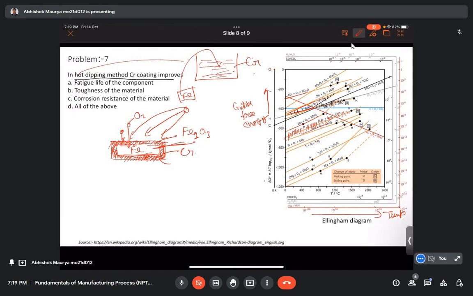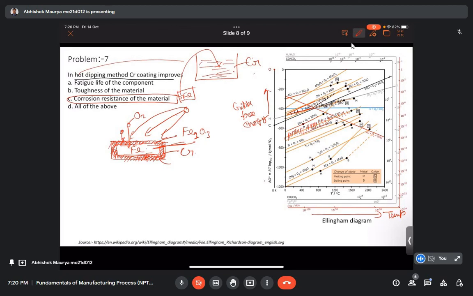It happens only because of the properties of chromium oxide, which forms a passive layer, and it stops any kind of corrosion. Therefore the correct answer is corrosion resistance of the material is improved by hot dipping method, and by doing the chromium coating.